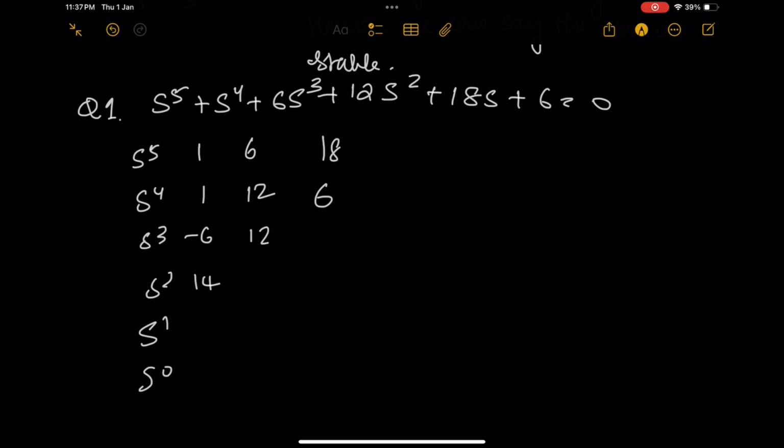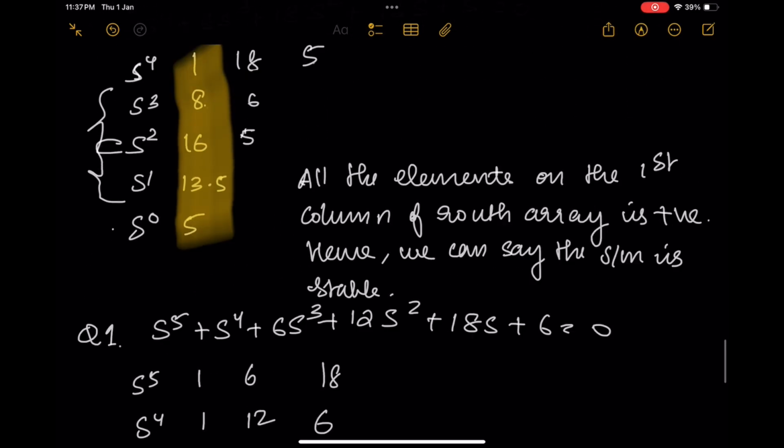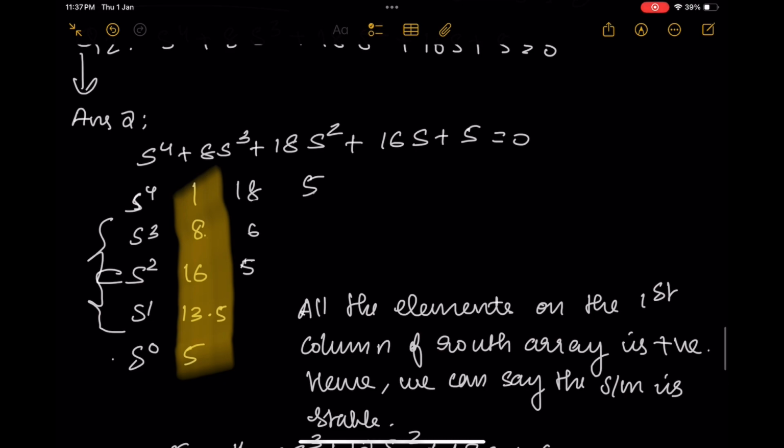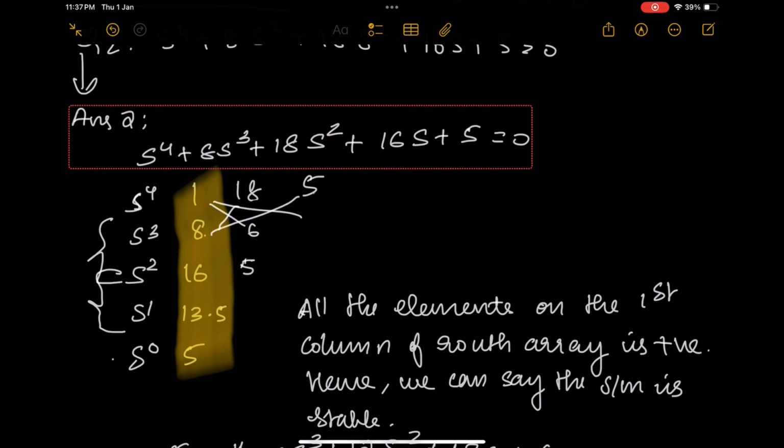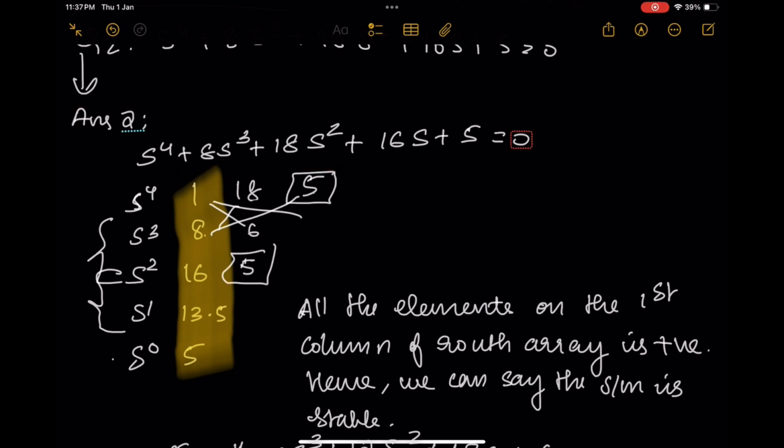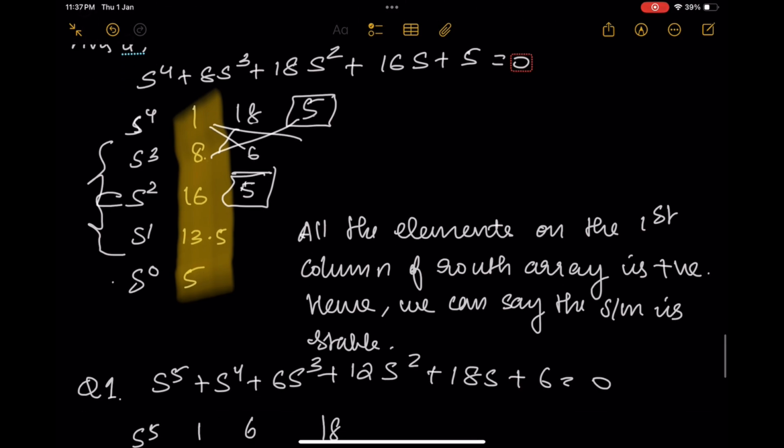Then what will be the next term? Okay, I have something interesting for you. In the previous question, we have seen that once we did the multiplication and division, the term here came here, exactly the same. And similarly, this term after multiplication and division also came here.